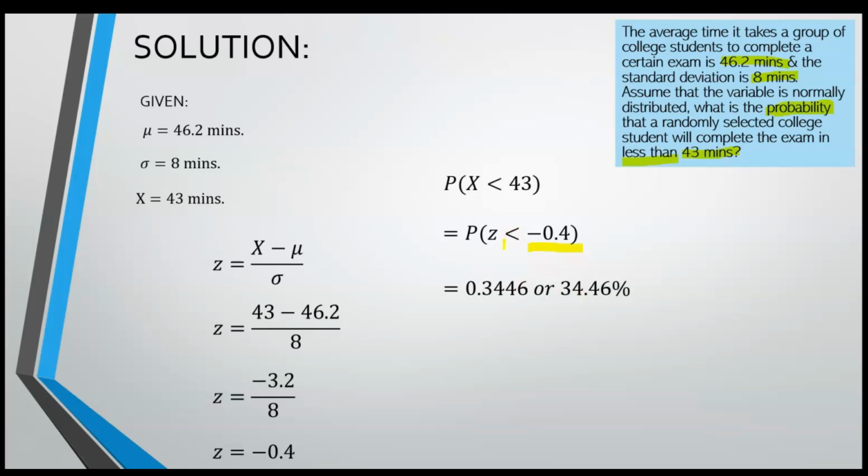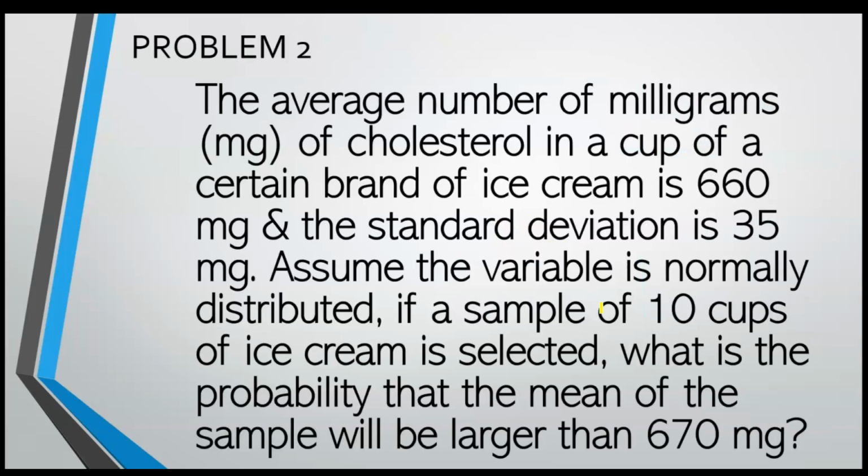According to the rules, if you want to find the probability at the left of your z-score, then you must keep the area that you found in your z-table. Hence, we can conclude that the probability that a student will complete the exam in less than 43 minutes is 34.46%.